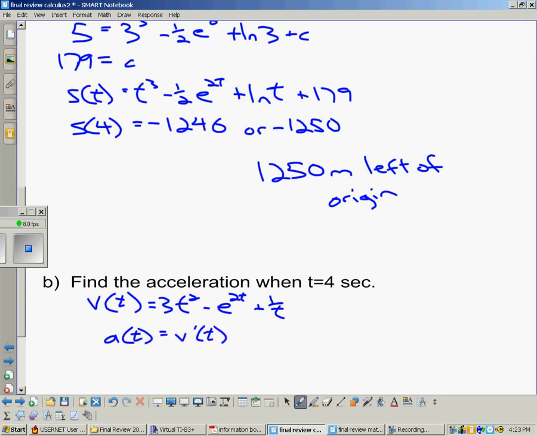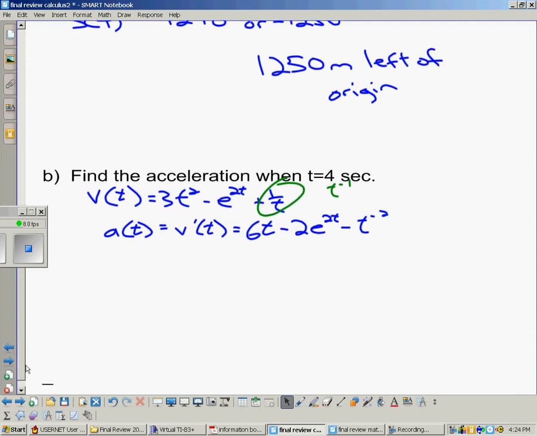Okay, and that might be worth one method mark, just writing a equals v prime. Depends on the mark scheme. Okay, let's differentiate. This is going to give us minus 2e to the 2t, and this will be minus t to the negative 2. I just think of this as t to the negative 1.